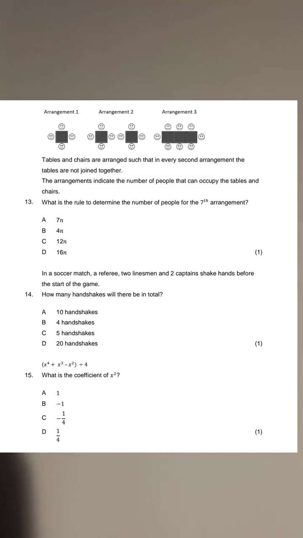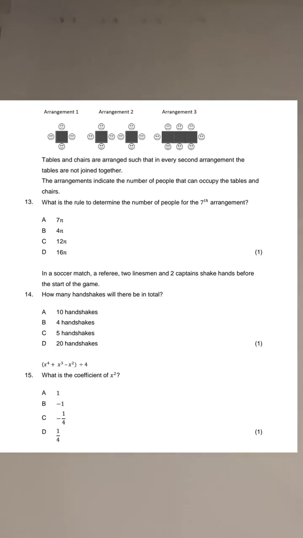We are looking for the rule to determine the number of people for the seventh arrangement. So here we are not wanting the number of people in the seventh arrangement. We want the rule. They've given us options: A, is it 7n? B, is it 4n?